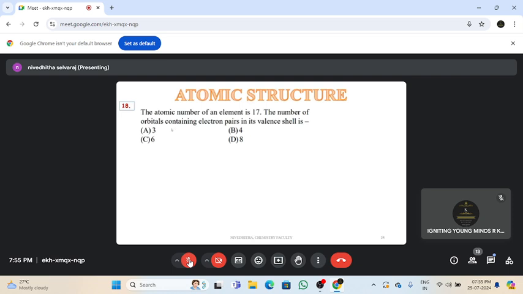First, write the electronic configuration and check for the orbitals which contain electron pairs. But the key point is we have to check the orbitals of valency shell.